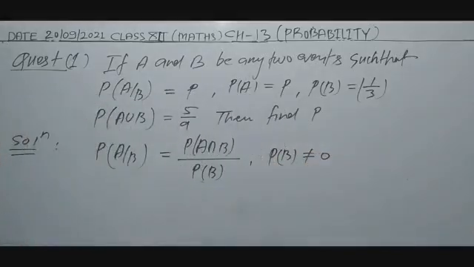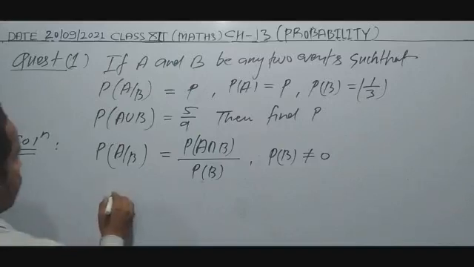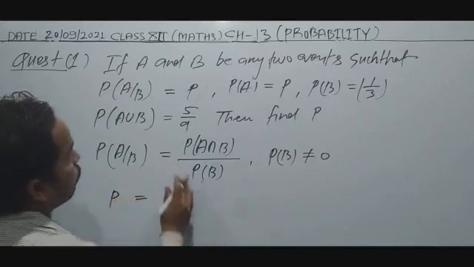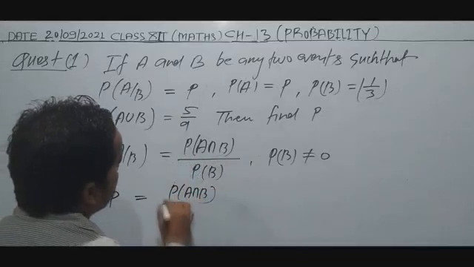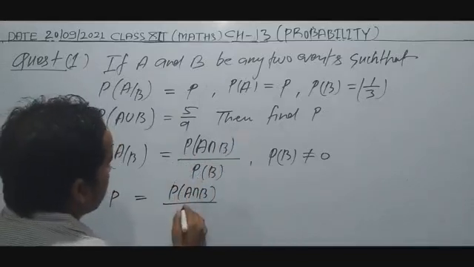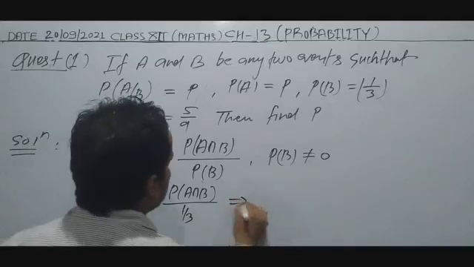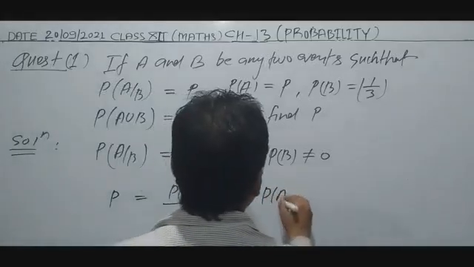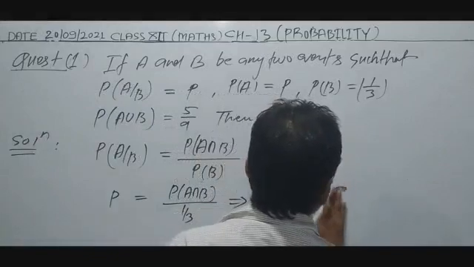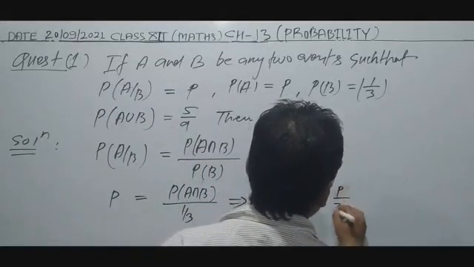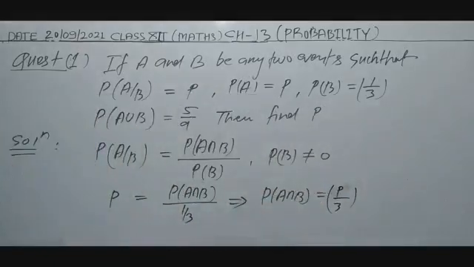It is given that probability of A by B is P, so P is equal to probability of A intersection B upon probability of B, which is 1 by 3. Now probability of A intersection B we can write as 1 by 3 P, means P by 3.